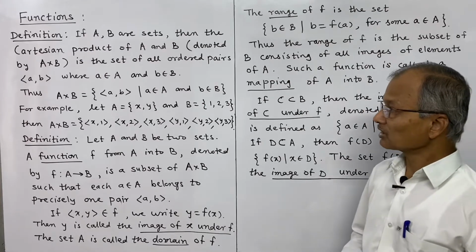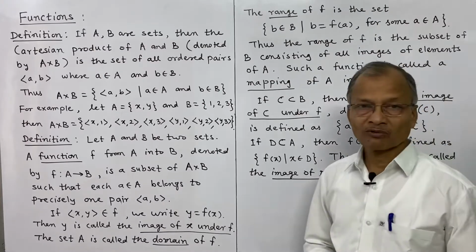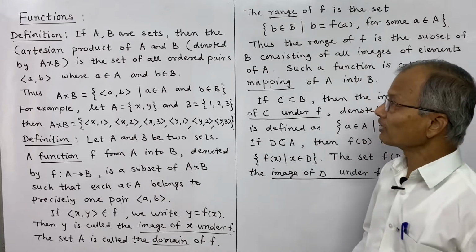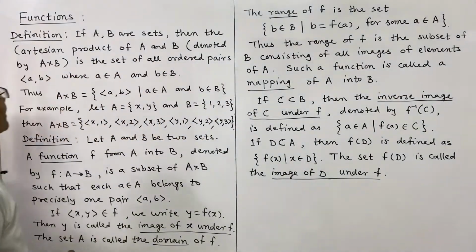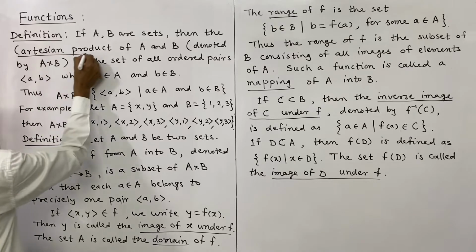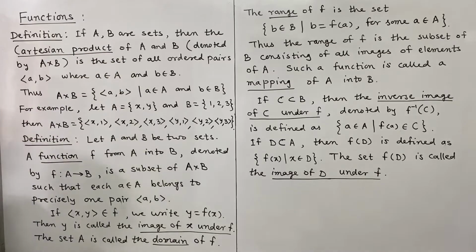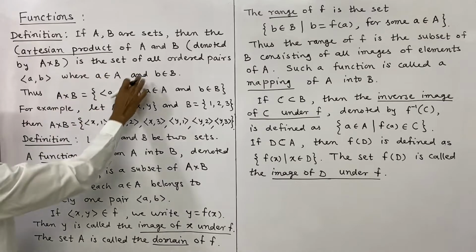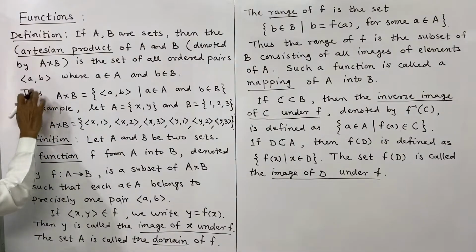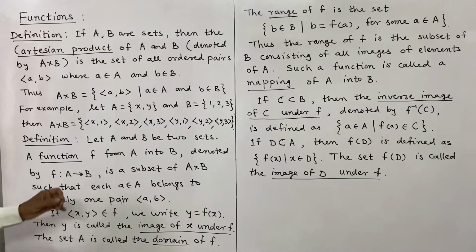To define a function, first we shall define what a Cartesian product of two sets is. Here is the definition: if A and B are sets, then the Cartesian product of A and B, which is denoted by A cross B, is the set of all ordered pairs (a, b) where a belongs to A and b belongs to B. So the meaning is simple.